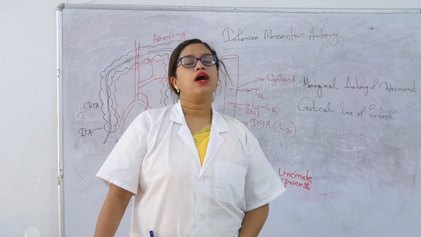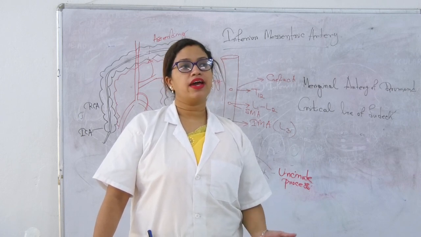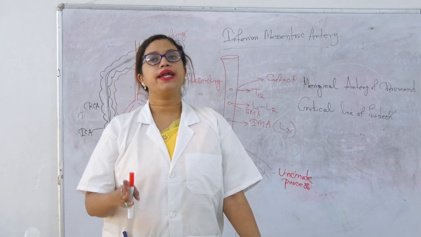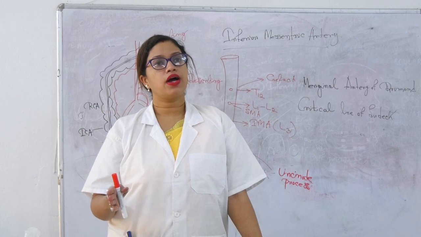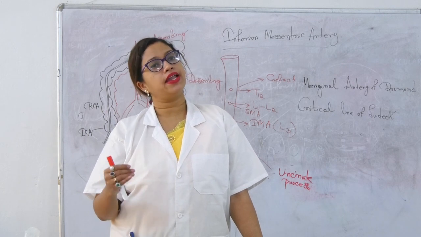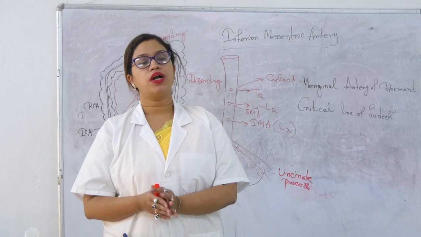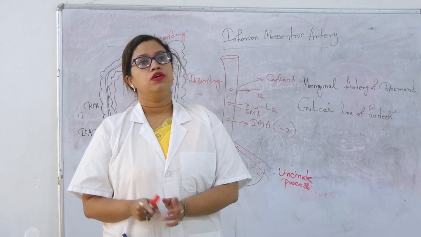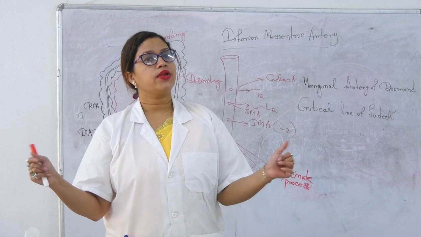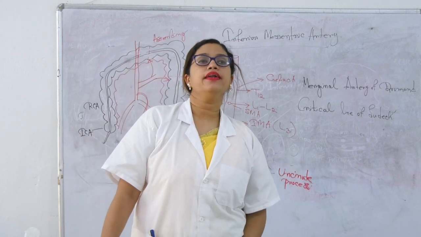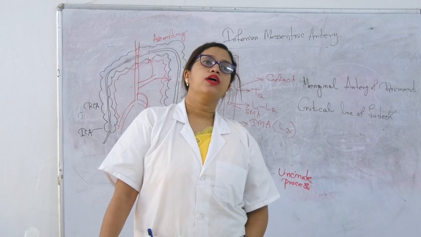Okay. So now about the abdominal aorta I have asked. So you know the branches. What are the three anterior branches? Celiac trunk, superior mesenteric artery and inferior mesenteric artery. What are the lateral branches? Again three. What are they? Left and right renal artery, left and right suprarenal artery and left and right gonadal artery.